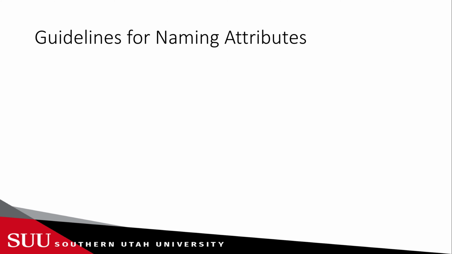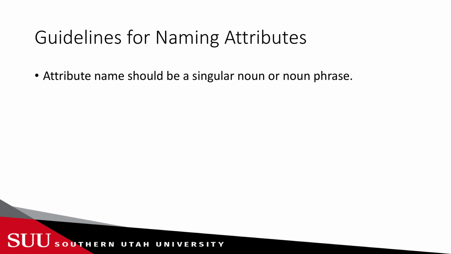Now, we also have guidelines for naming attributes. As we have guidelines for naming entities, we also have guidelines for naming attributes. The attribute name should be a singular noun again, or a noun phrase. It will only start with a capital letter. Remember previously, for the entity, we said the entity name will have uppercase letters for the whole name.